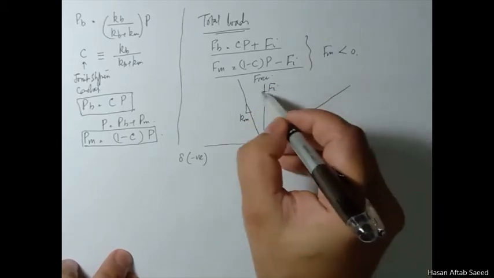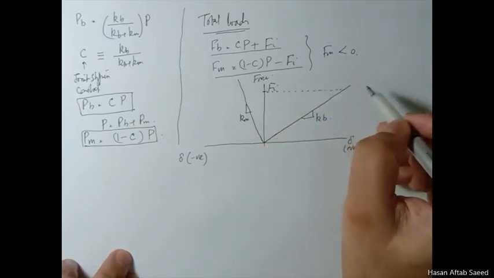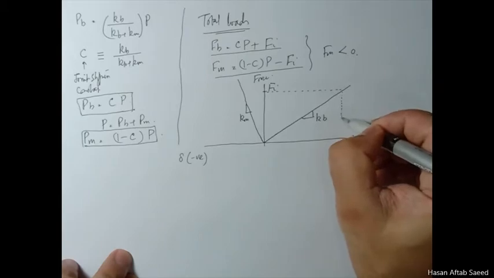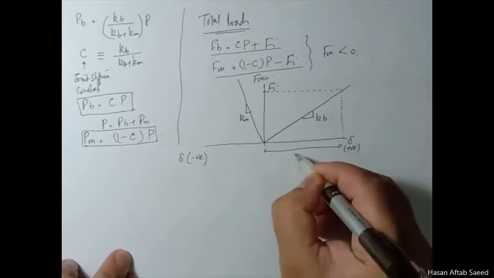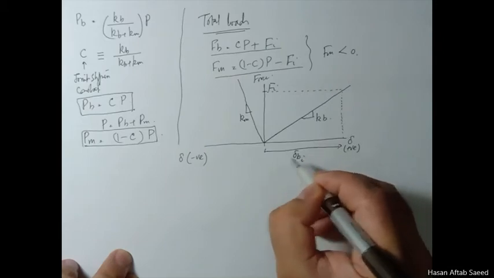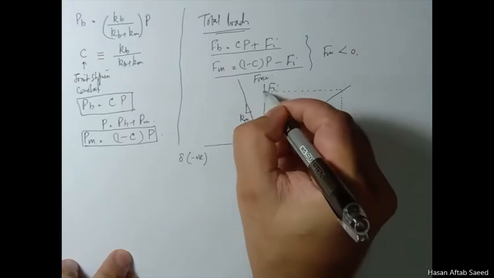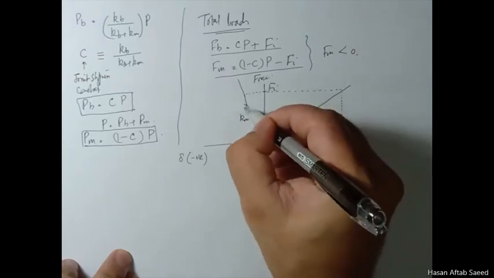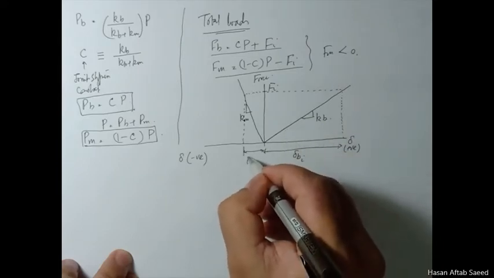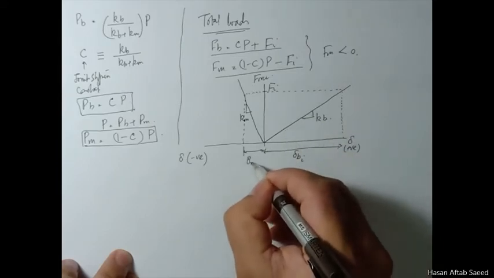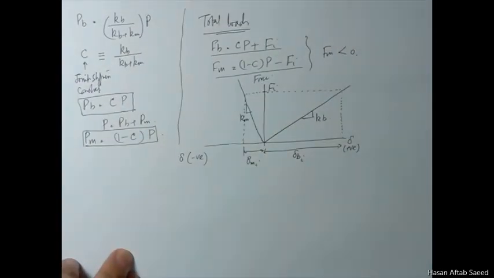For this much preload, the difference between the stiffnesses means that this is the displacement in the bolt because of the preload. But for the same preload, the displacement in the members is very much less than this.